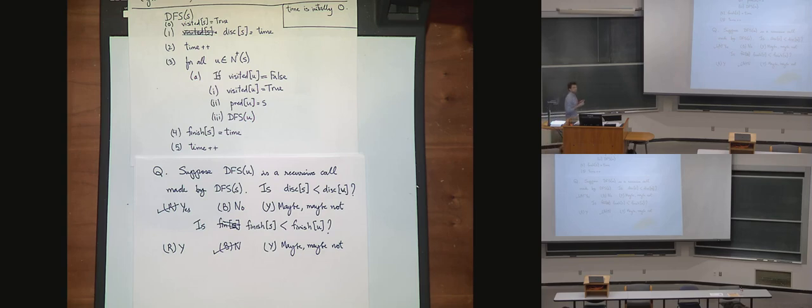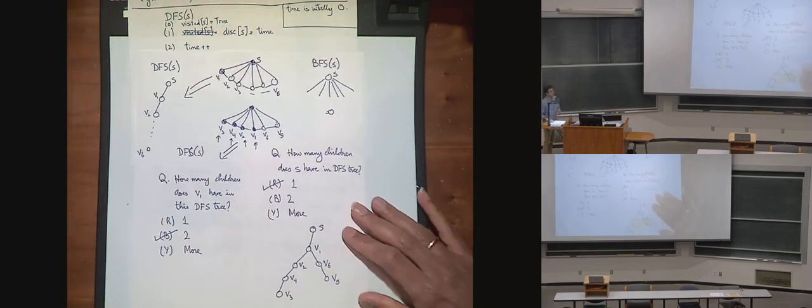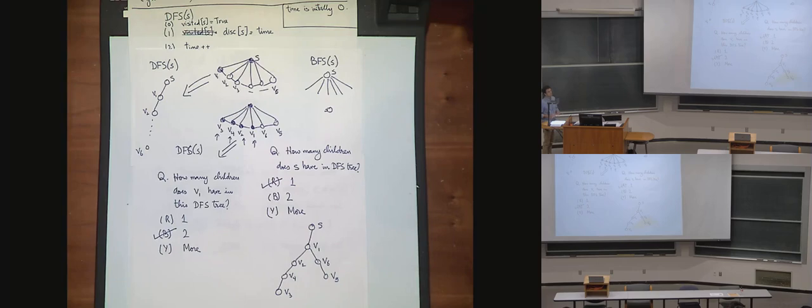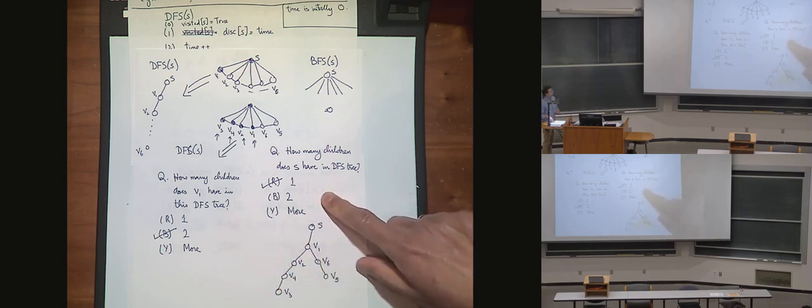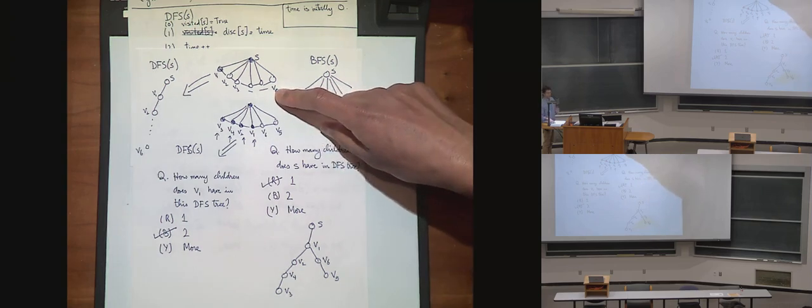Yes? You were asking how many children there were in the DFS tree. Why is the answer for the first question one, when S has neighbors V1 to V6?